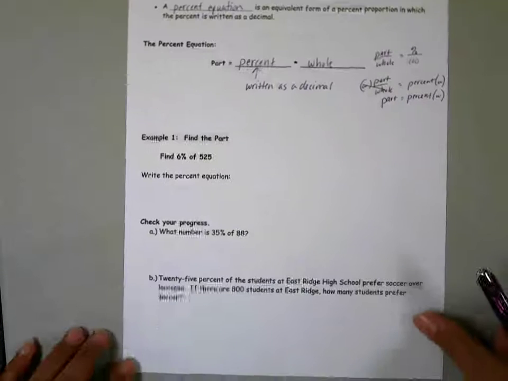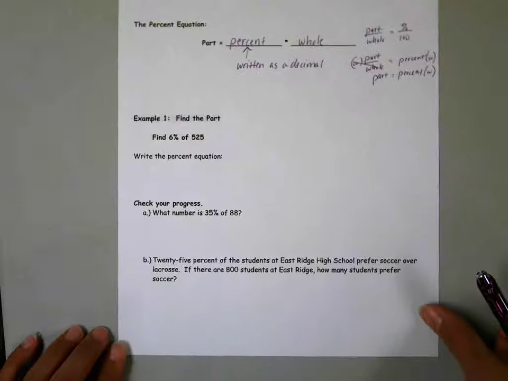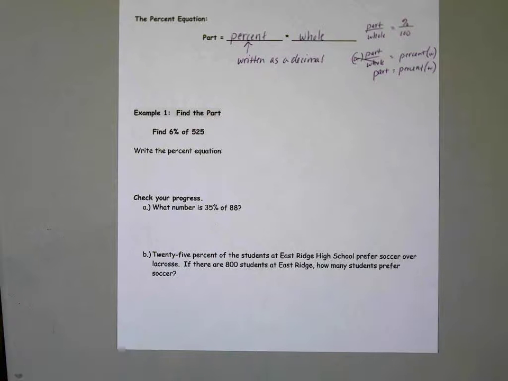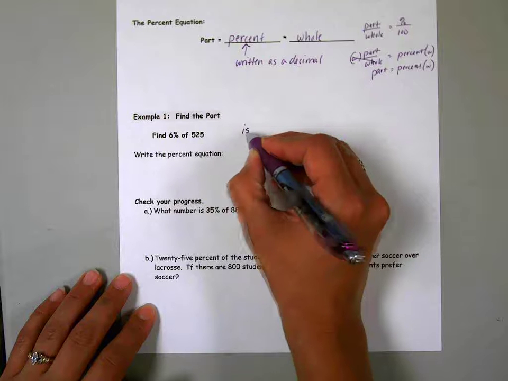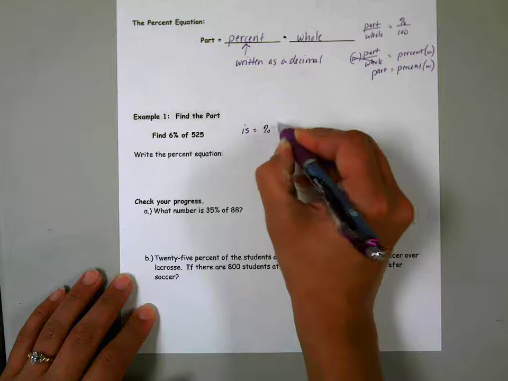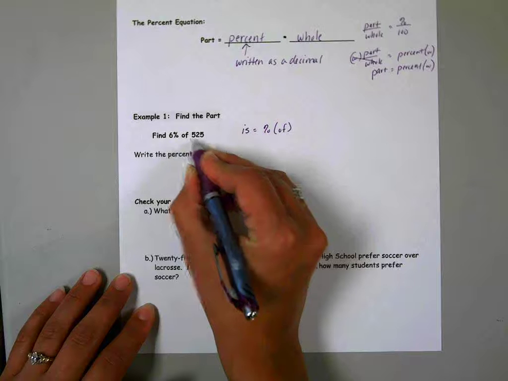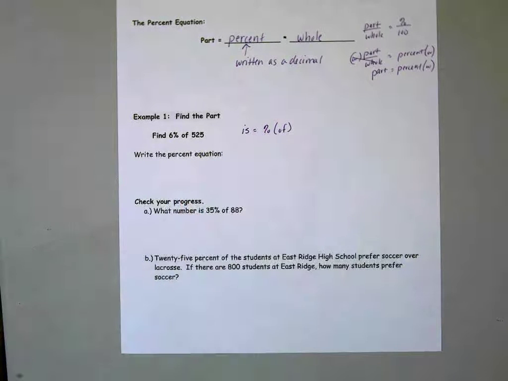So let's look at the percent equation and finding the part. So we have find 6% of 525. We could also write the percent equation as is equals percent times of, for these types of problems where it's not necessarily clear which is the part and which is the whole.